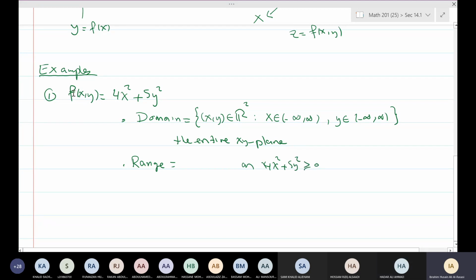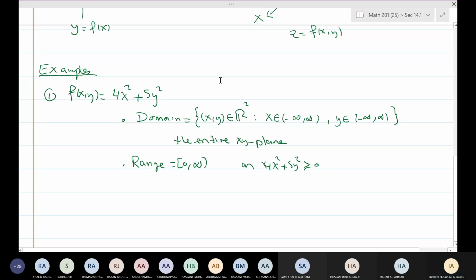That means the possible values of z will be greater than or equal to 0, meaning 0 to infinity. Because whatever you substitute here, you will end up with 0 or positive. The possible values of f, the range, will be 0 to infinity.